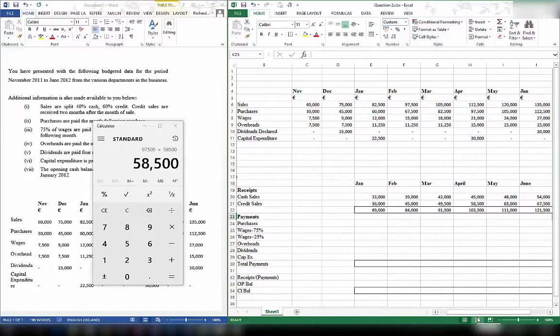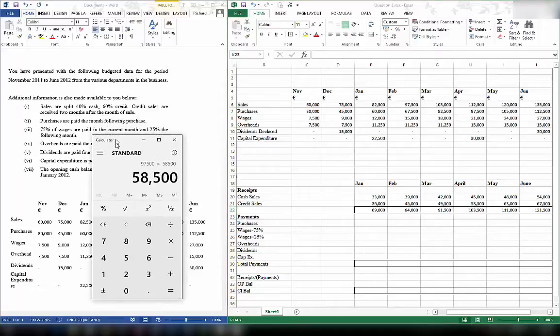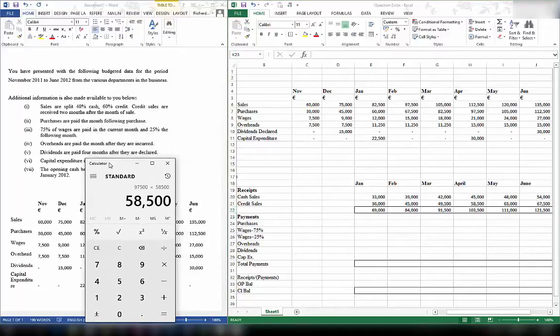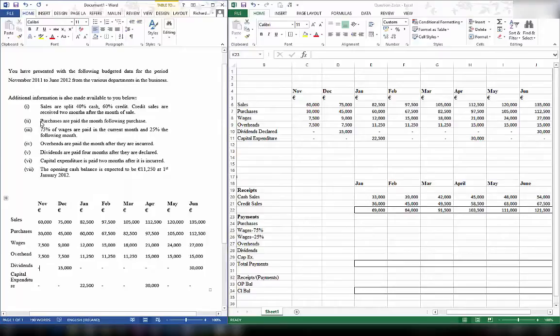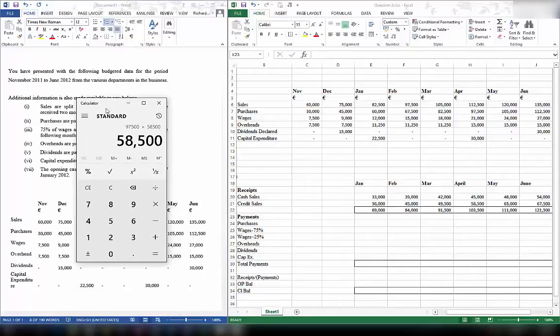Okay, so next we need to look at our purchases. There are receipts done. And our purchases are paid in the month following the purchase. So we'll always pay our purchases in the month following when they were actually due.